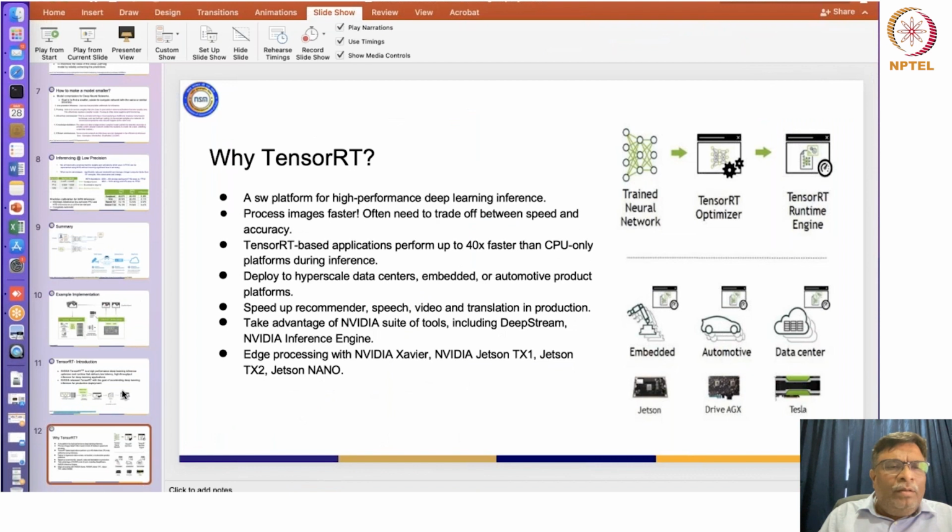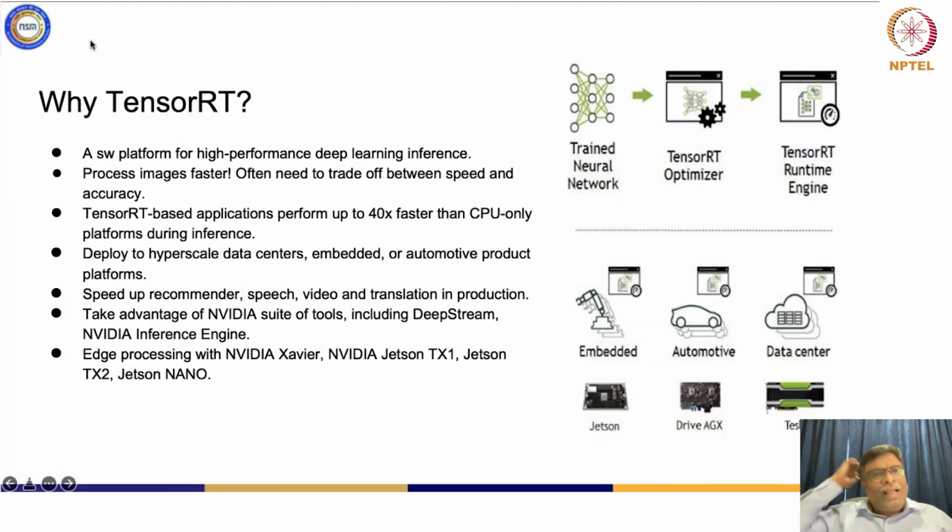So maybe, yeah, I'll just wind off with why TensorRT, just to complete the whole thing. So what is TensorRT and why we should use it: it's a software platform for high performance deep learning inferencing.